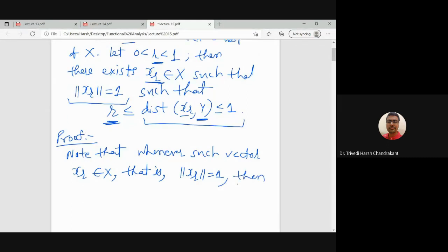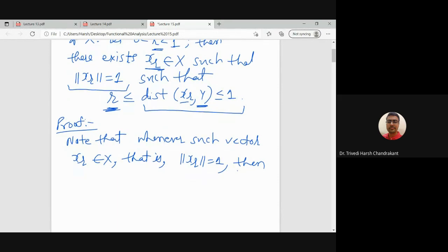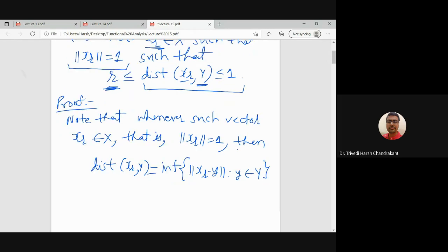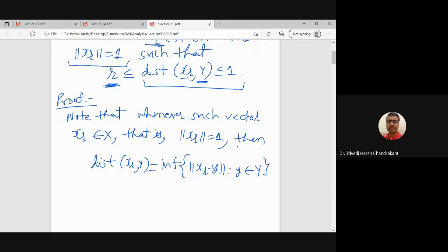So whenever we have a vector in x whose norm is 1, its distance of xr with y, so what is the definition? By definition it is infimum, right? So that is infimum of norm of xr minus y, y belongs to capital Y. And then we know that every subspace contains a zero vector.